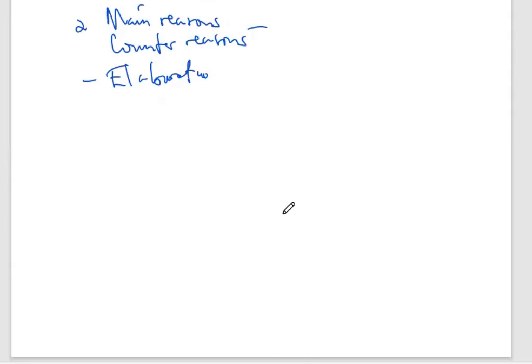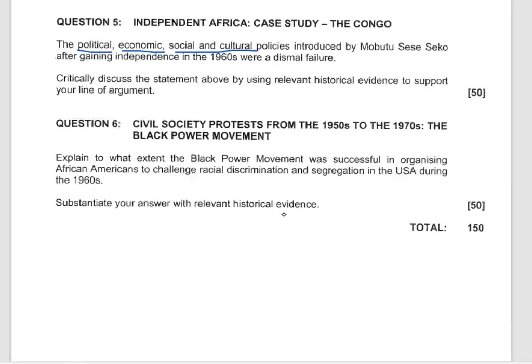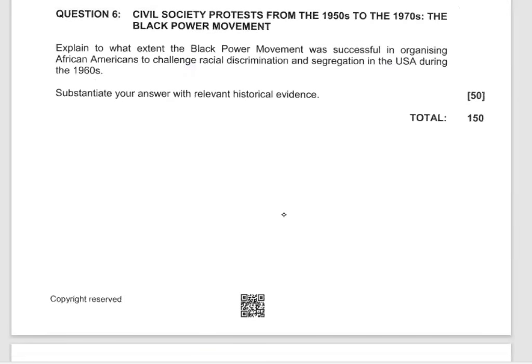Then if you go on to the last question, which is question number 6, right? Question number 6 is saying, explain to what extent the Black Power movement was successful in organizing African Americans to challenge racial discrimination.